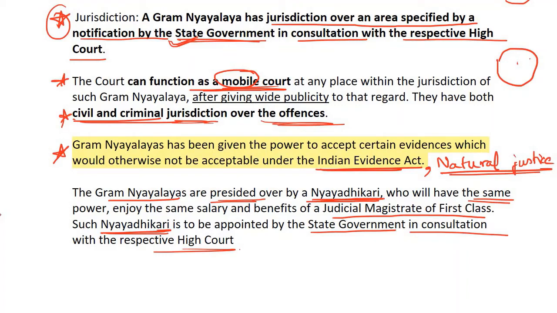A fact here related to this is that, see, as of December 2021, if you see a report in PIB, it is mentioned that there are only 476 Gram Nyayalayas that have been notified so far by 15 states. 15 states have notified. So not all states have notified it.